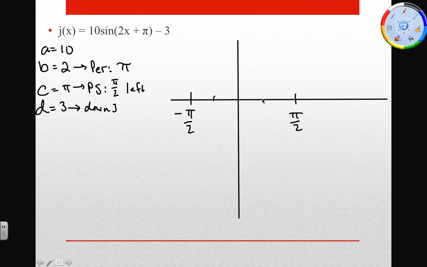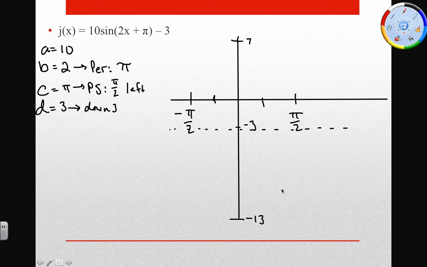So if I start at -3, and that's where I put that little dashed line, that's my fake x-axis, my new x-axis, I need to go up, and this is not drawn to scale anymore, so this is up 10 from -3, and down 10 from -3, -13. And now I can actually do this graph.